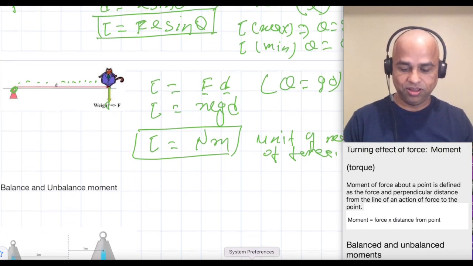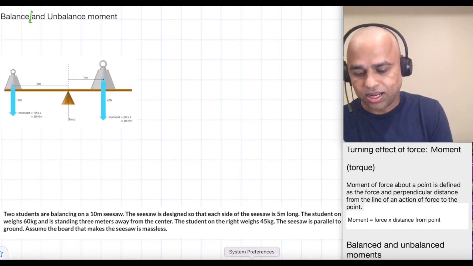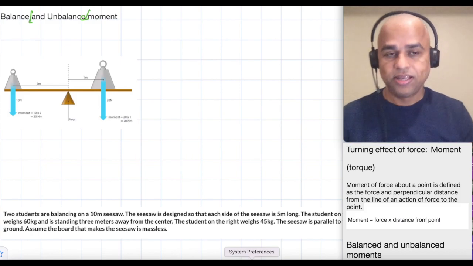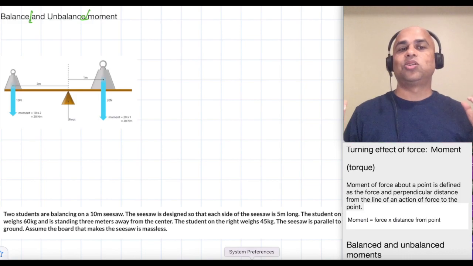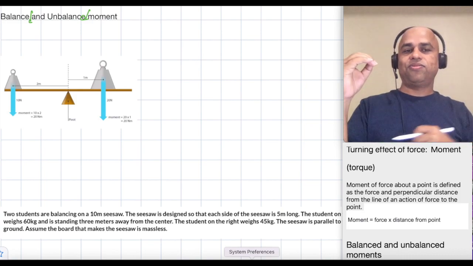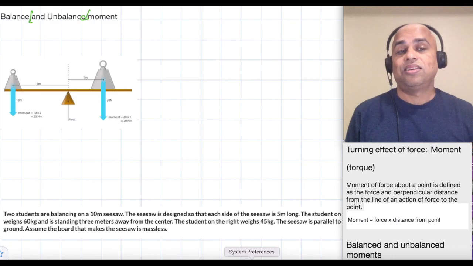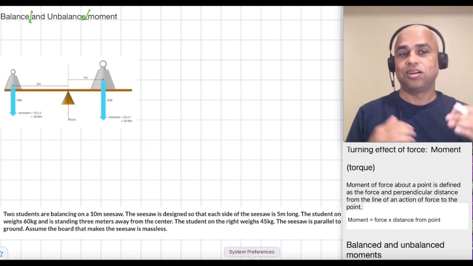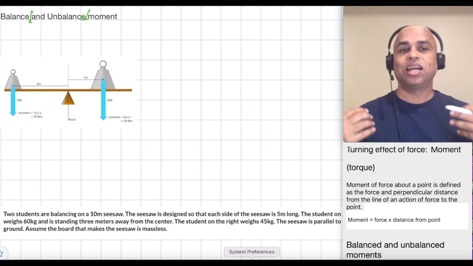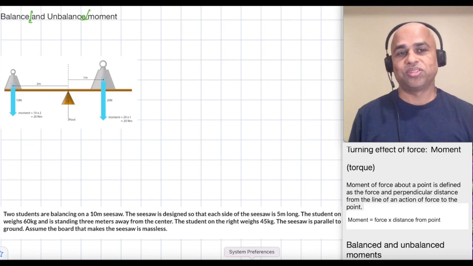It's very simple. Now balanced and unbalanced moments. A torque is a turning effect. Either you turn left or turn right, so there are two directions. One is the clockwise direction, and the other is the anti-clockwise or counterclockwise direction.